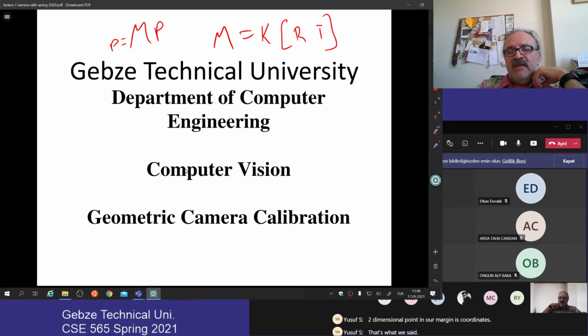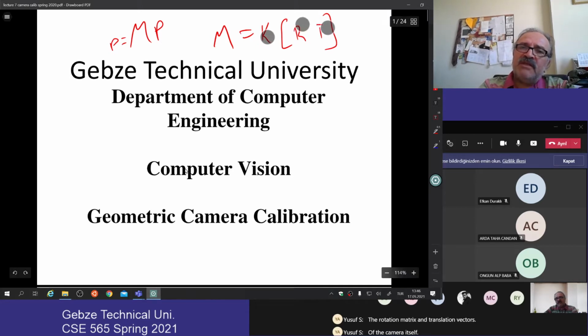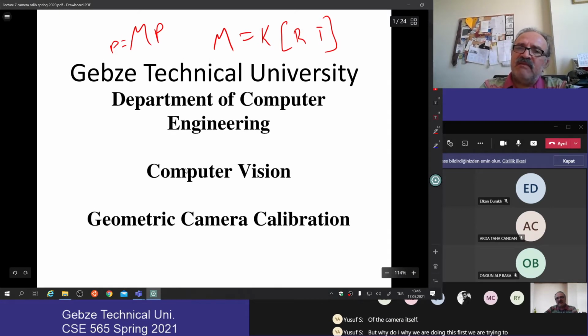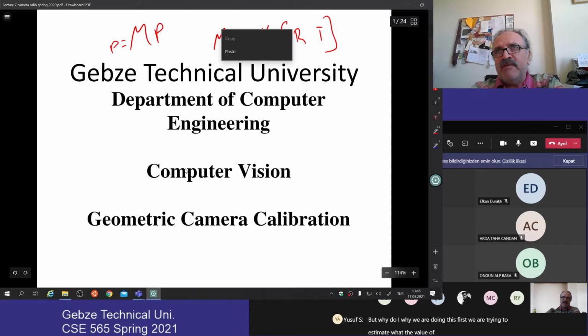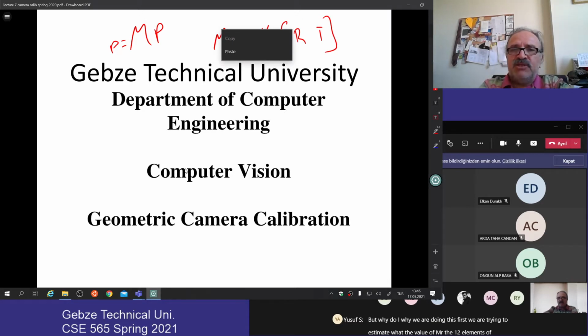In today's lecture, we are going to recover these values: the intrinsic parameters, the rotation matrix, and the translation vector of the camera itself. But while we are doing this, first we are trying to estimate the value of M, the 12 elements of M, that's the projection matrix.